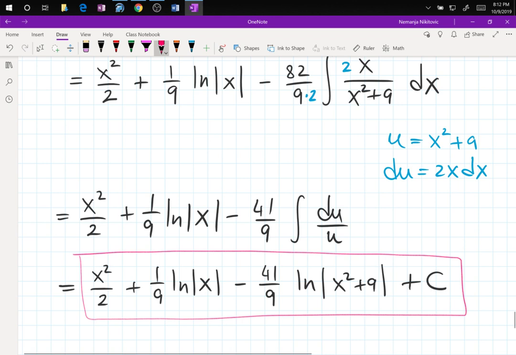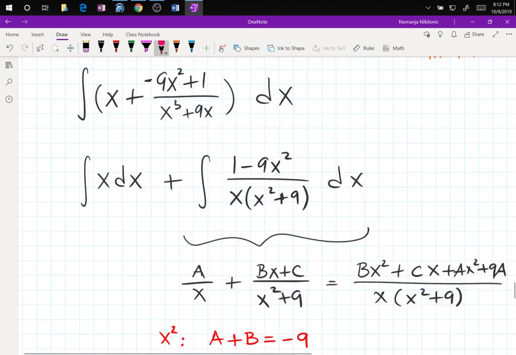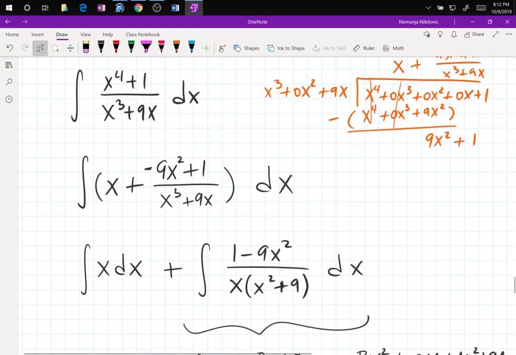Yes? Go back right after we did the long division to what we got after that. Could you split that up into 1 over x, and then make it 9 x squared over all of that thing at that point? So you can eliminate one of the x's with the x out front. No, because each one of these terms has to get the full denominator.